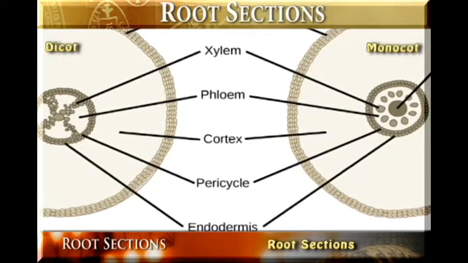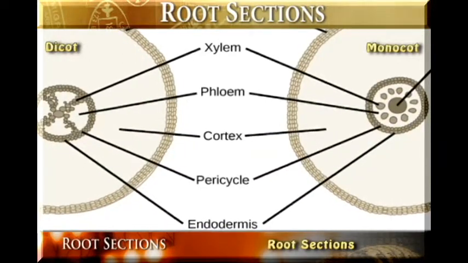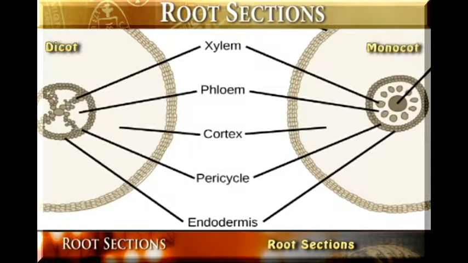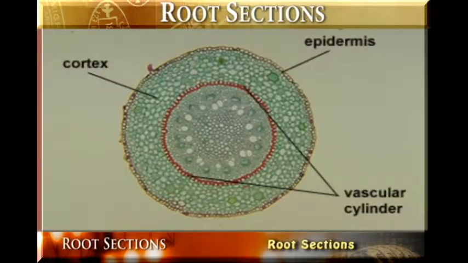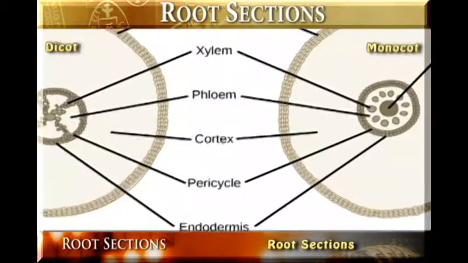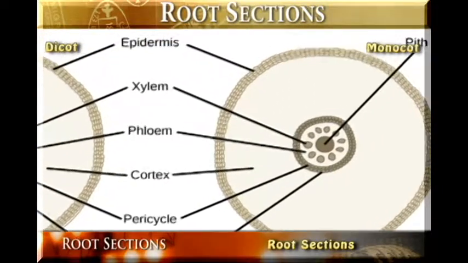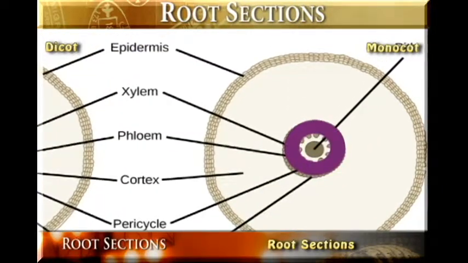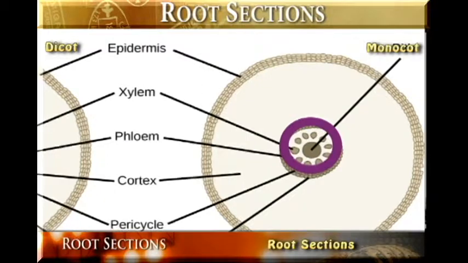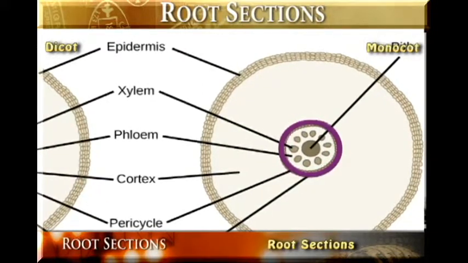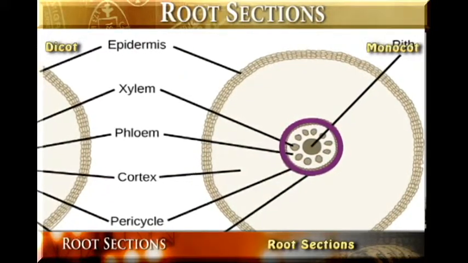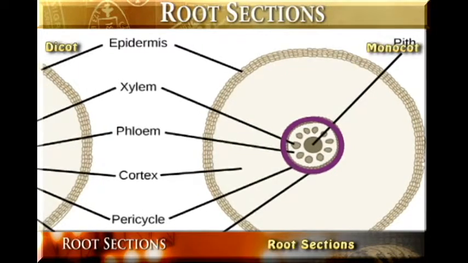Then they are encircled or enclosed in the endodermis, and then the cortex, and then outside we have the peripheral layer. But when you look at the monocotyledonous root, you'll find that in the middle we have the pith, and then when you look at the sides, there are small phloem, and then there is protrusion inside the pith.